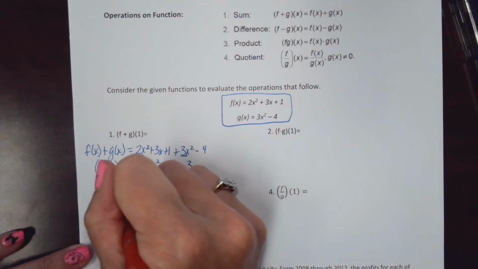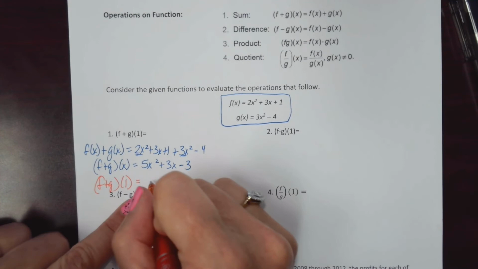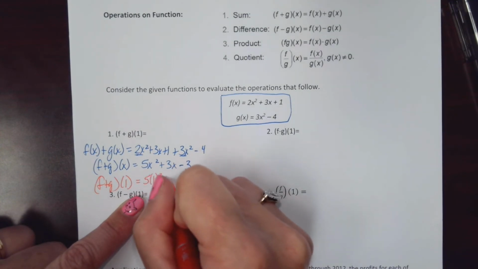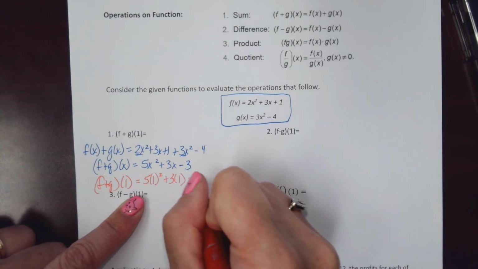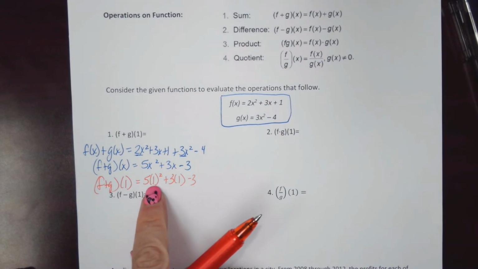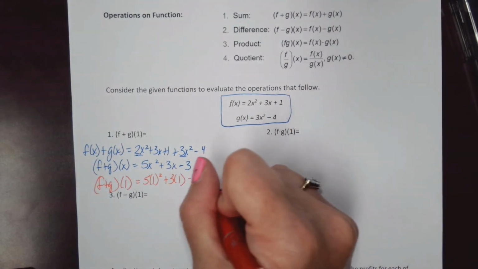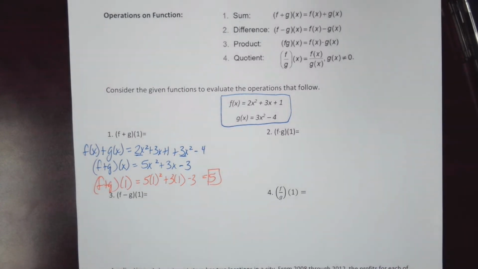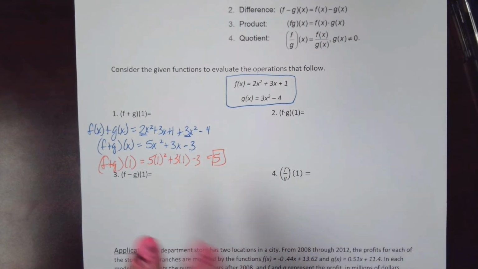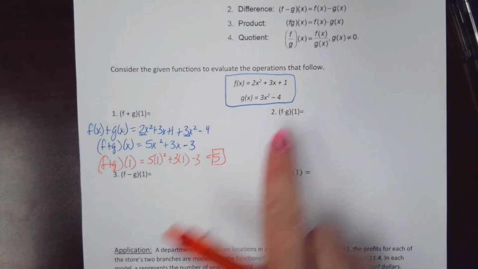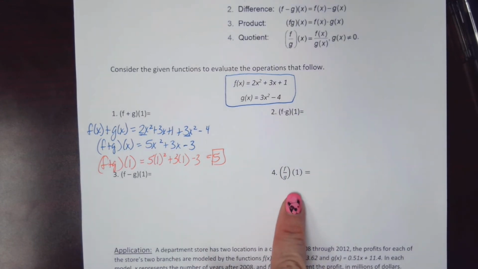So I'll take that f plus g, I'll plug in 1 anywhere I have an x. 1 squared is 1, that's 5. Plus 3 minus 3 gives me 5. So that's an option. Now if I do it that way, I would have to start over with each of the separate functions in terms of x for each of these and go from there.